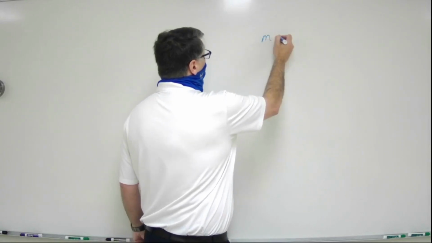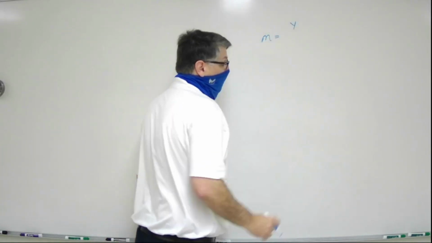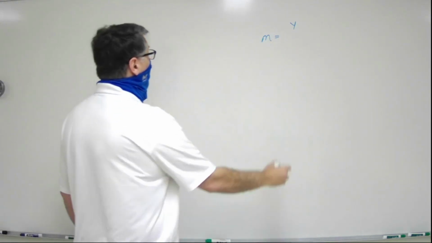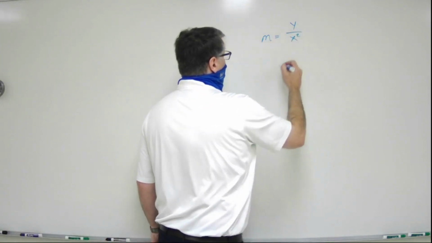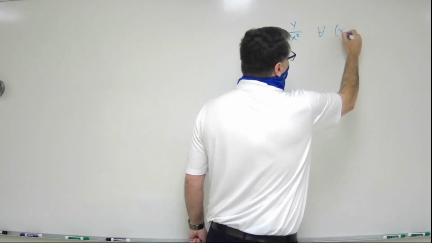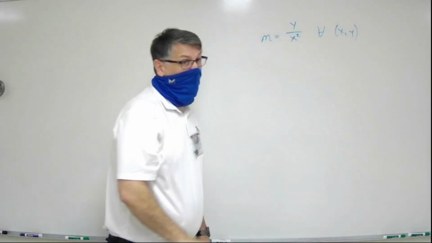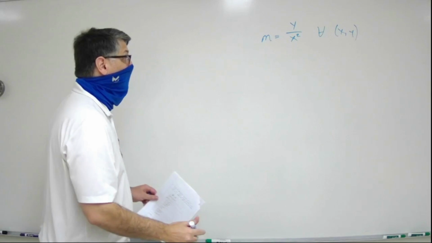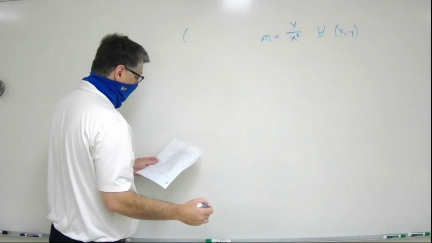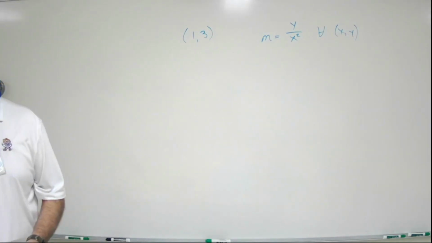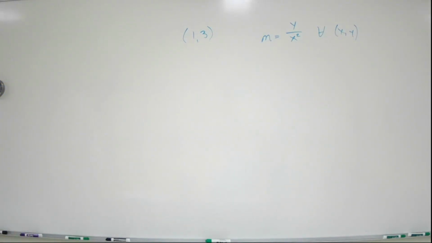So your slope of any point is y over x squared for all xy. The upside down A means for all. And then it gives you a point of 1, 3.